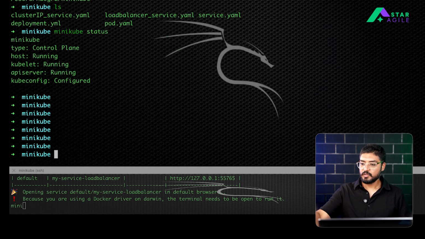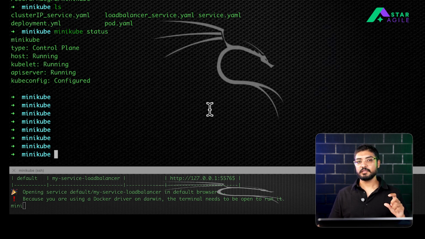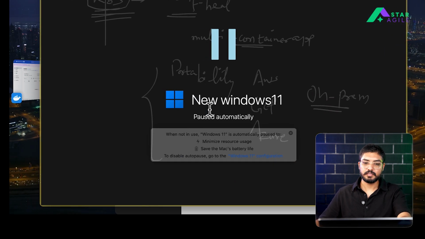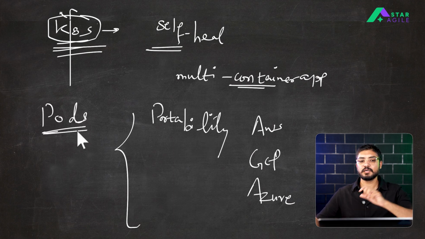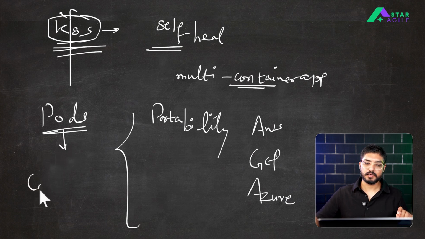Now, if I want to deploy or create things, the smallest unit of Kubernetes is the pod. We call the units pods. The pod is the minimal unit of Kubernetes, but inside pods we use containers.